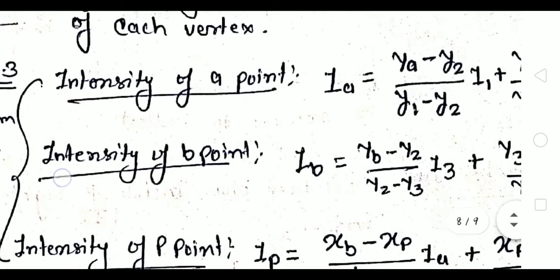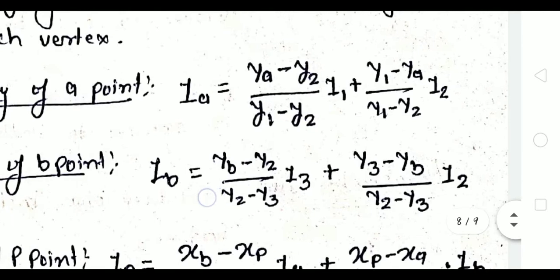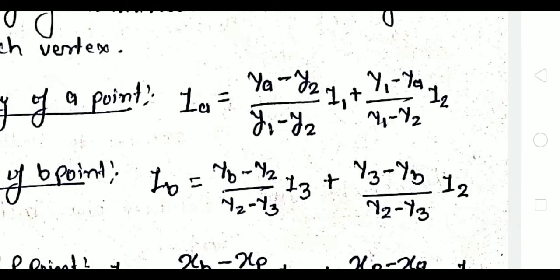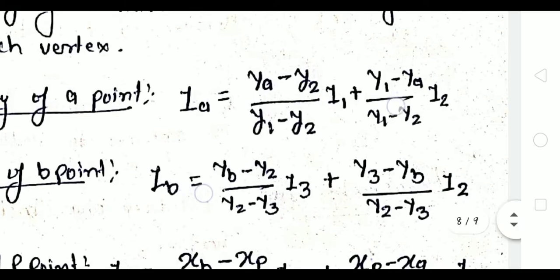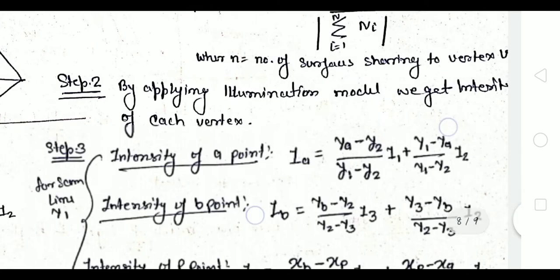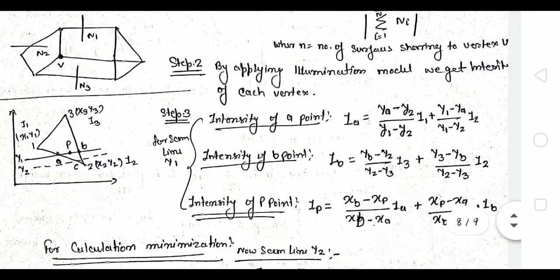You can see here the intensity of point A: IA is equal to (YA minus Y2) divided by (Y1 minus Y2) times I1, plus (Y1 minus YA) divided by (Y1 minus Y2) times I2. I know you don't understand how this formula comes, so I will tell you. Point A exists on the 1-2 edge.